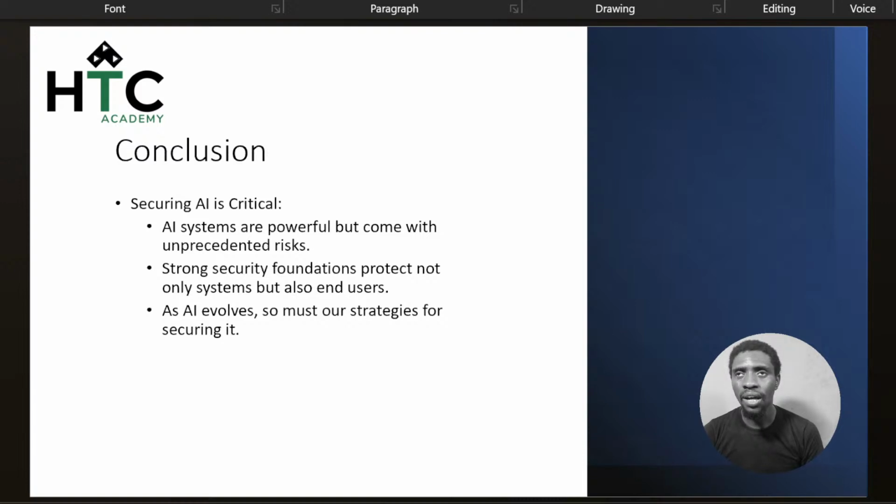That means a whole lot of things will be changing in no distant time, so we need to keep ourselves abreast of this technology. For those of us who want to get involved in AI and become AI security professionals, this is the course you need to take.